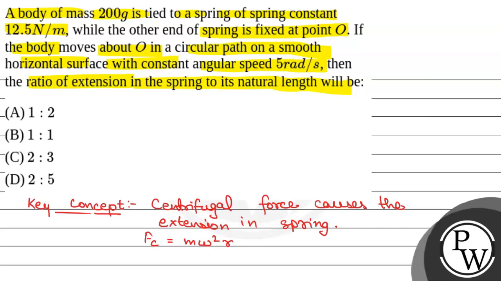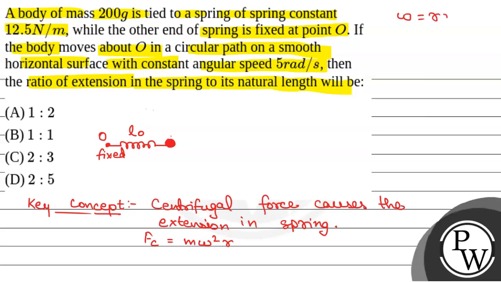Now we have been given a body of mass 200 gram. Suppose this is a body of mass 200 gram which is tied to a spring. The spring has natural length L naught and this is the fixed point O. Now the body moves about O in a circular path with omega 5 radian per second.